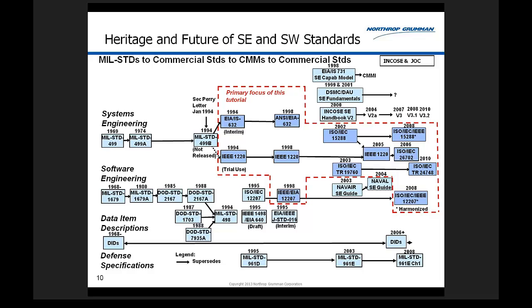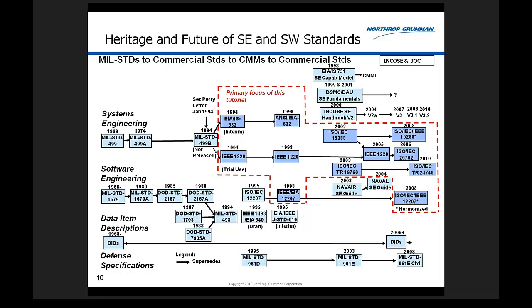Okay, so what happened was the EIA Interim Standard 632 took 499B and issued it verbatim, and that's the last DoD style system engineering standard in existence that talks about the technical reviews and the baselines. And then in 1998 they revised it to be 100% commercial and so forth. But it's a good document.